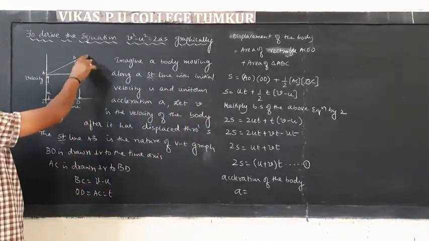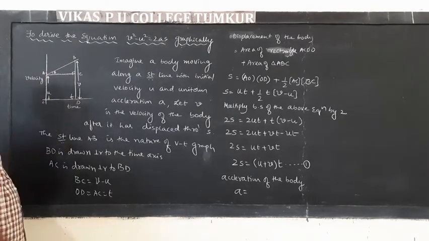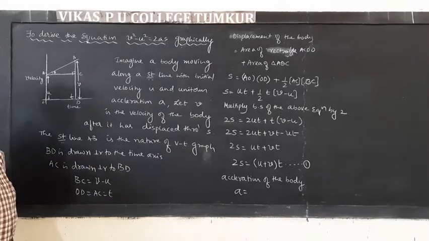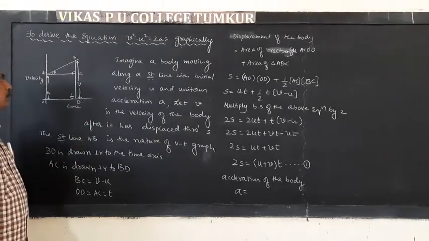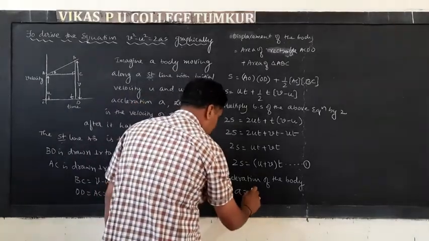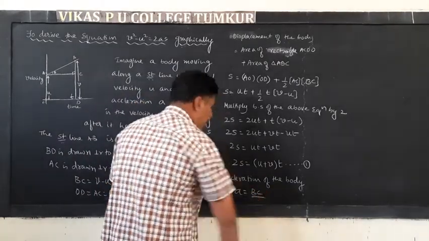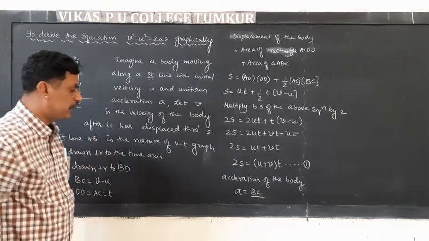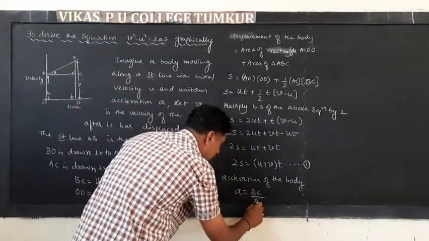What is the slope? If we take this angle as theta, then tan of this angle will give you the slope of the line, which is the acceleration. So the tangent ratio, the definition: BC by the adjacent side of theta, which is AC. So BC by AC.